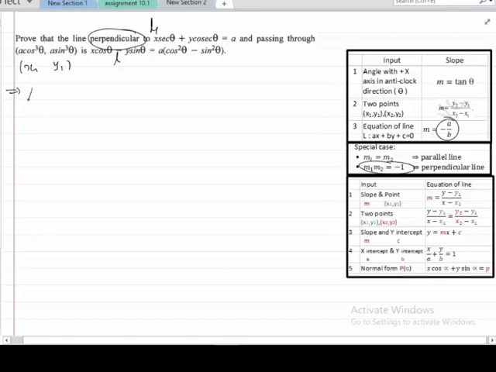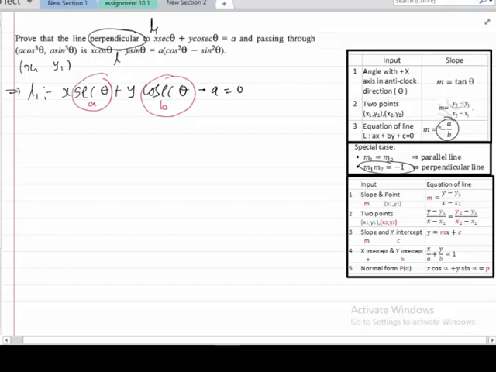Okay, so first of all we have to find the slope of the L1 line, which is x sec theta plus y cosec theta is equal to a, or we can say minus a equal to 0, right? Okay, if we compare with the standard equation, we will get sec theta as the a of L1 and cosec theta will be b, right?